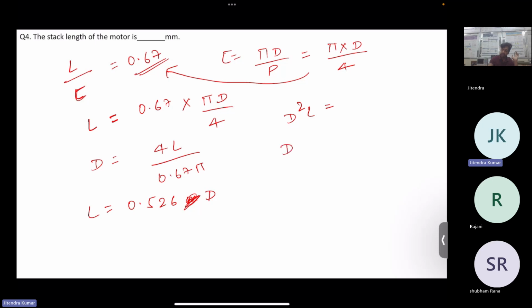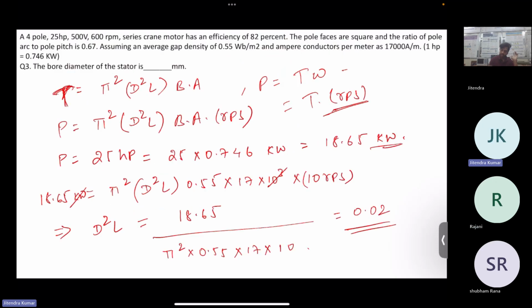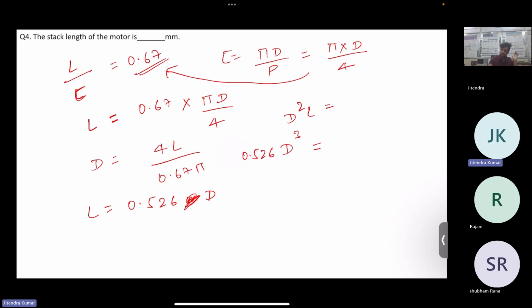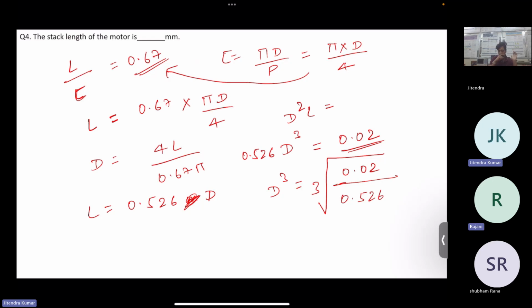So here we can say that D square Q will be this value which we derived earlier, 0.02. So D square Q equal to 0.02 divided by 0.526.